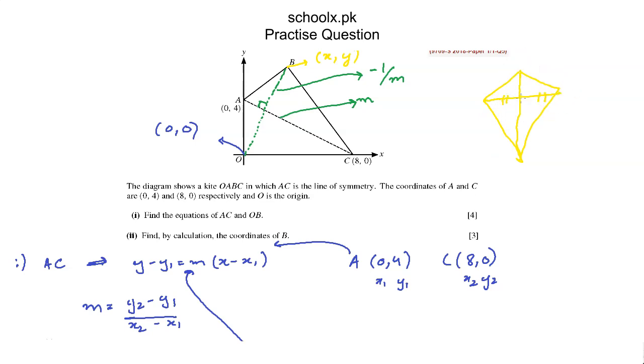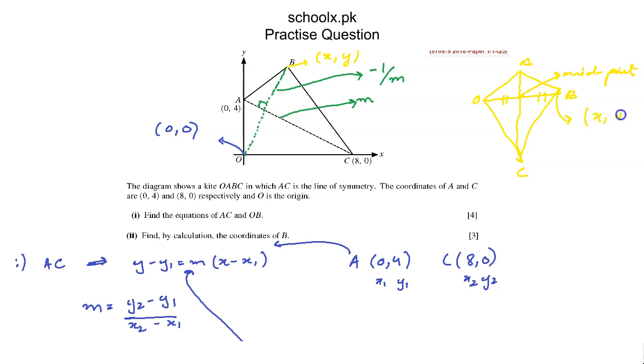So AC intersects OB at its midpoint. We'll equate the equations of OB and AC to find this midpoint, and from that midpoint we'll find the coordinates of B.